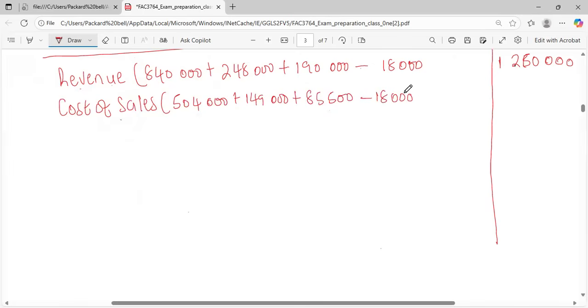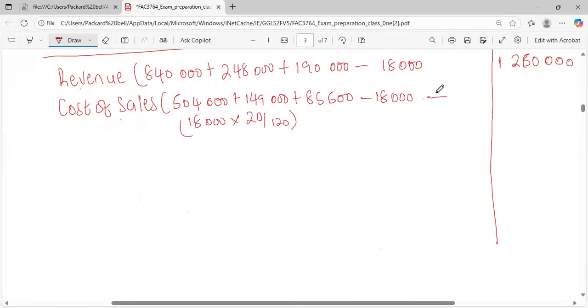And what else is going to be affected on the cost of sale? The unrealized profit. So we're also going to add 18,000 times 20 over 120.